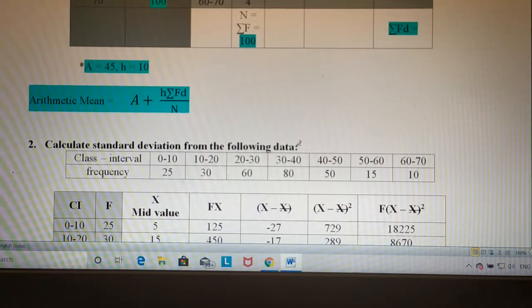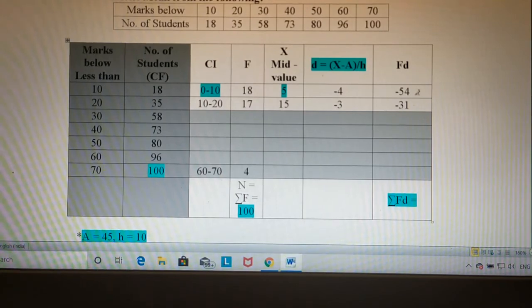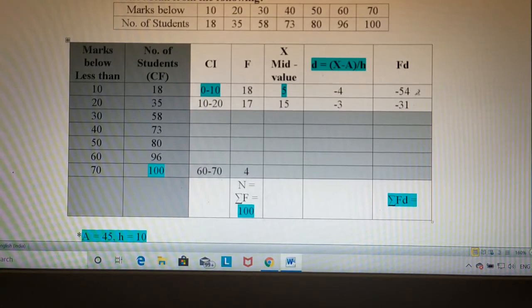I hope you understood the concept. Once again, I want to make it very clear that when you are adding fd, you should be very careful. For example, minus 3 plus 3 equals 0. Minus 54 and minus 31 will get added up, but it will carry the minus sign.